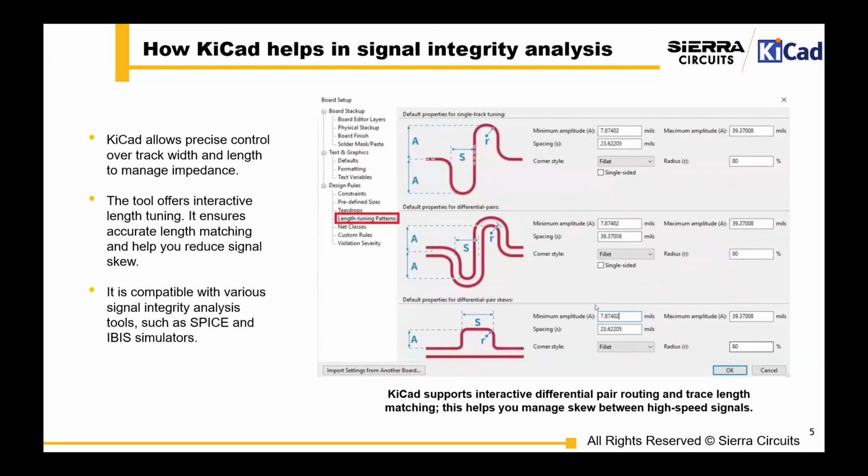You can do interactive length tuning and length matching of your critical traces. And KiCad can export to tools like SPICE. So there are some good tools for signal integrity analysis within KiCad.